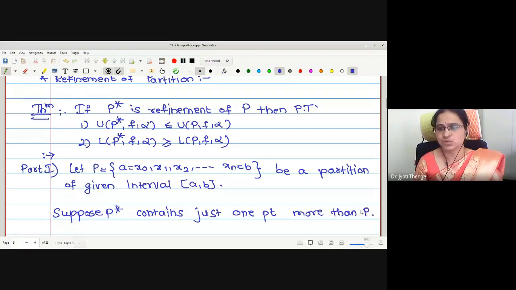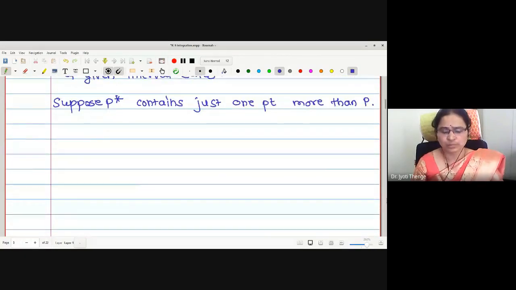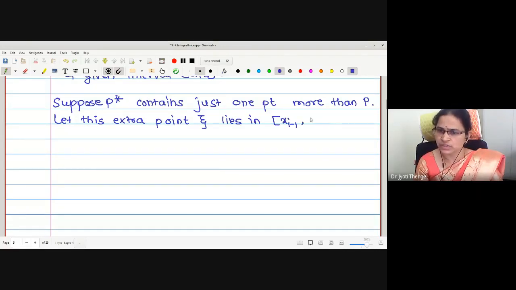Why were we considering 1 point? Just in order to make the result to be proved in a simplified manner. Let this extra point be zeta. Where is it going to lie? In the ith subinterval, say x(i minus 1) to xi, that is x(i minus 1) is strictly less than zeta, strictly less than xi.